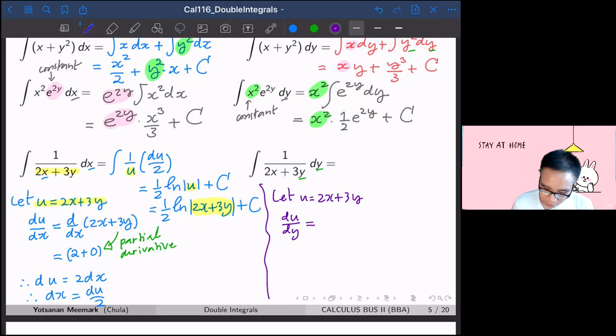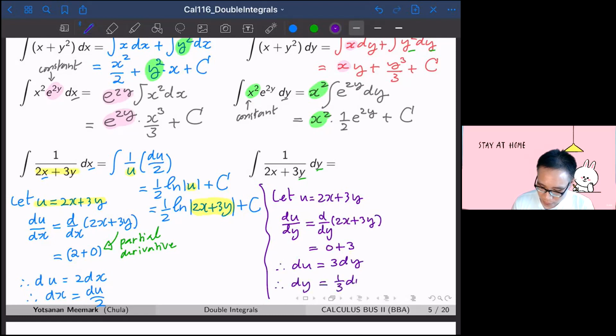So you have the partial derivative with respect to y of 2x plus 3y, which turns out to be 0 plus 3 instead. So you get du equals 3 dy, and dy equals 1/3 du.